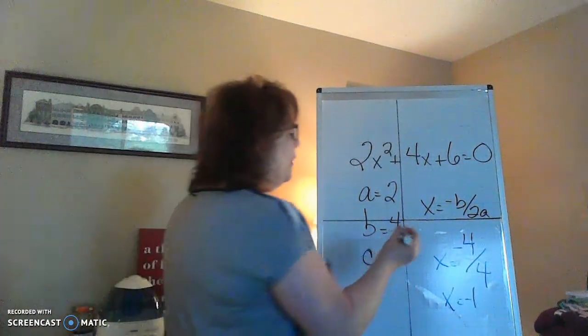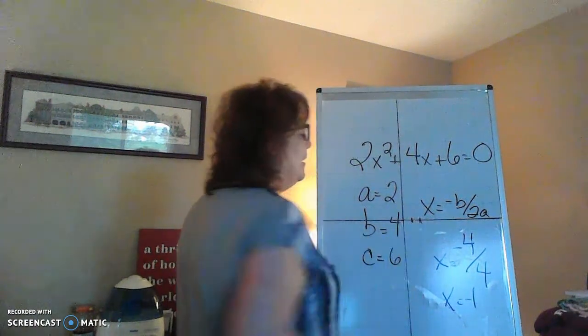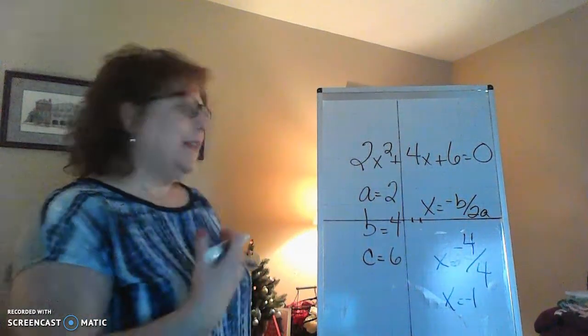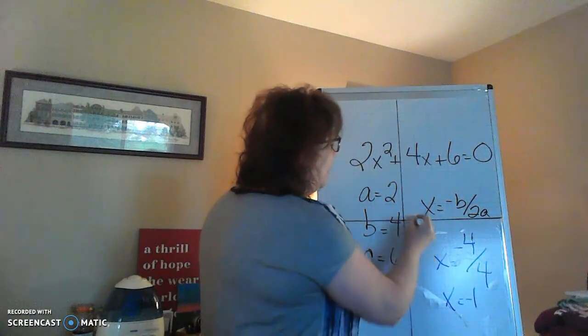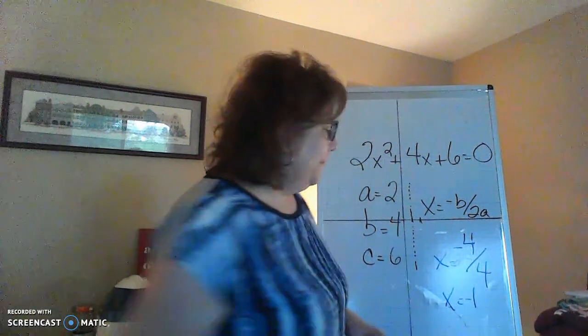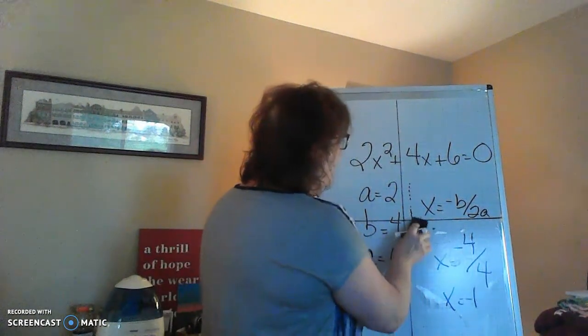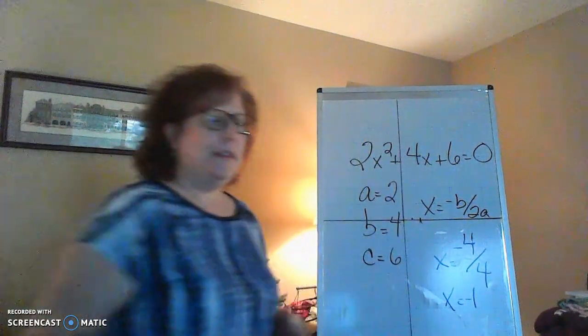So if we were putting that on a graph, our vertex would be running somewhere negative 1. I'm sure one of you caught that. I hope one of you caught that. But it's going to be over here on this side.